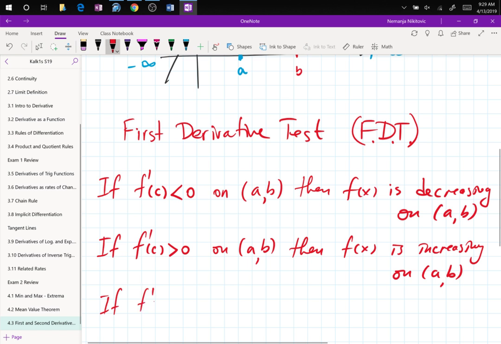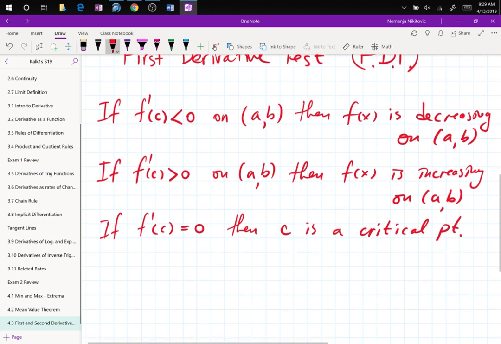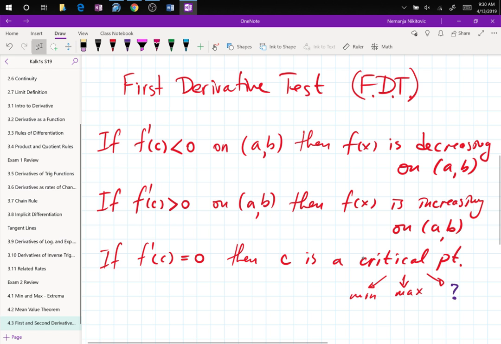If f prime of c is equal to 0, then c is a critical point, and you know that that one can be min, can be max, and can be, I'll just put purple question mark here for inflection point, but inflection point, we are going to learn in our second derivative test, so you don't have to worry about it now.